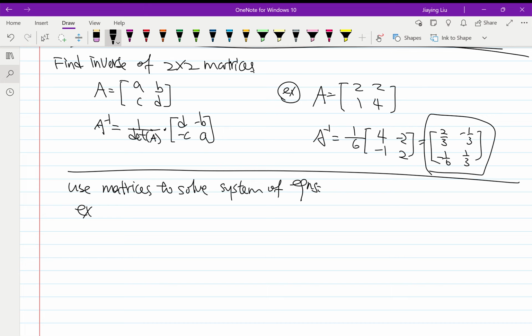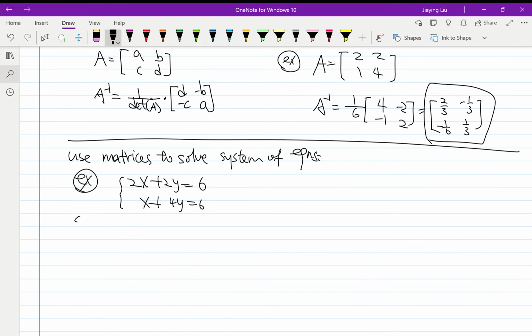For example, if I have the system 2x plus 2y equals 6, x plus 4y equals 6. Obviously, we can all solve it using elimination or substitution, right? But for the sake of practice, we're going to solve it using a matrix equation.